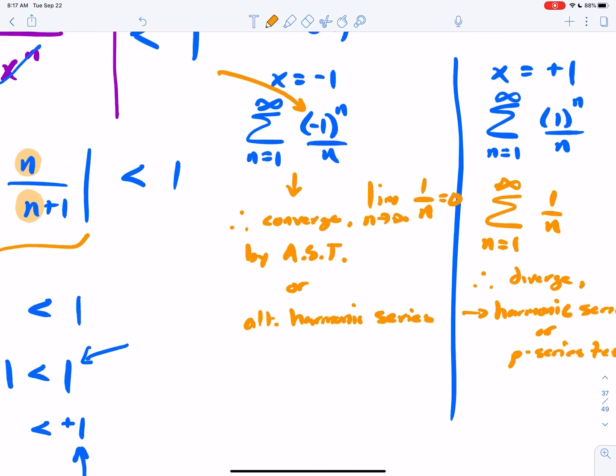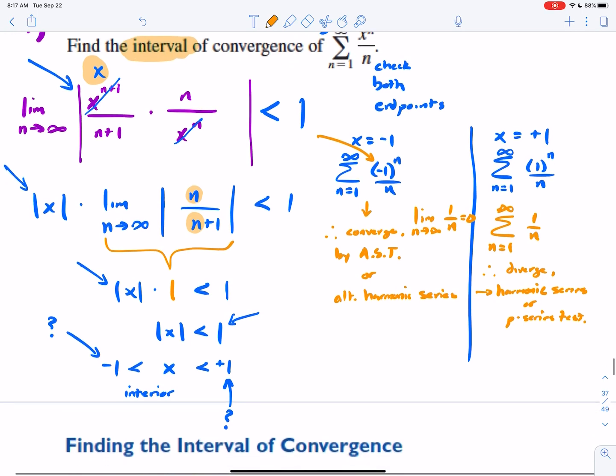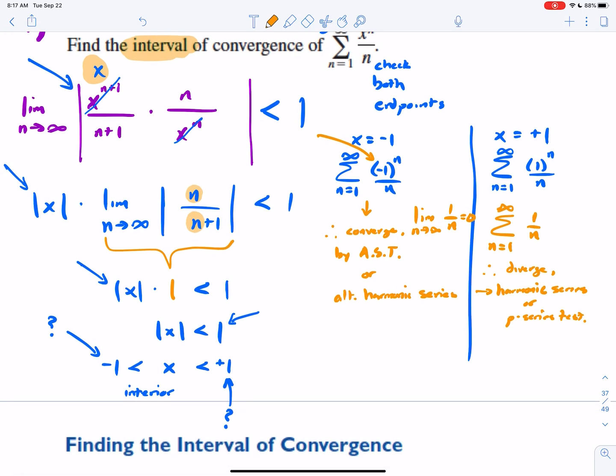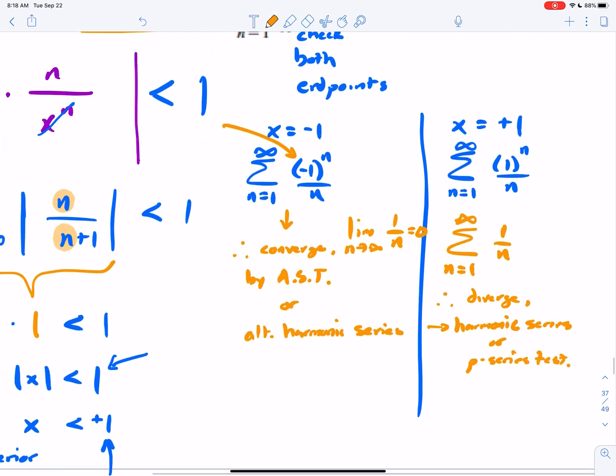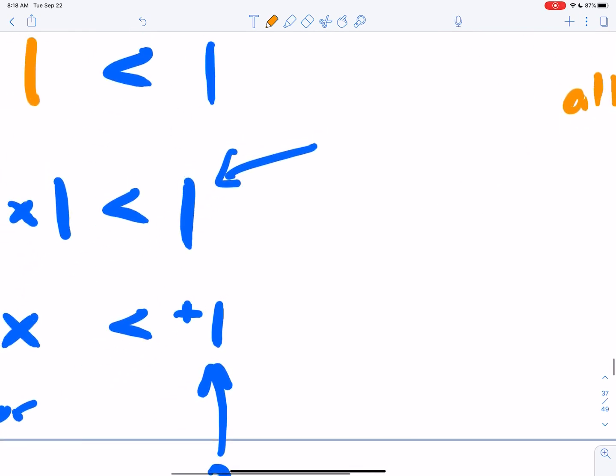So what the heck does that mean? We're trying to find the interval of convergence. So where did it also converge at the endpoints? It diverged here, so we're not going to include the plus 1. We'll just leave it as less than.